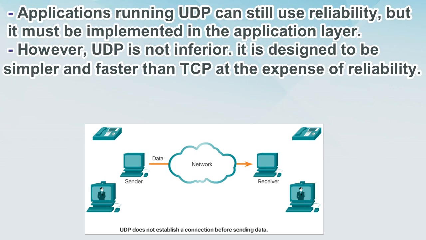Applications running UDP can still use reliability, but it must be implemented in the application layer. However, UDP is not inferior. It is designed to be simpler and faster than TCP at the expense of reliability.